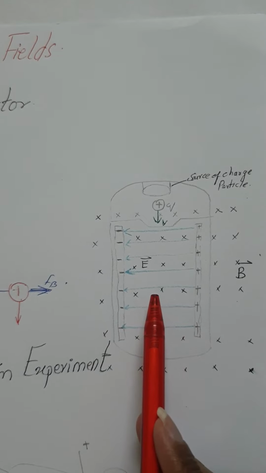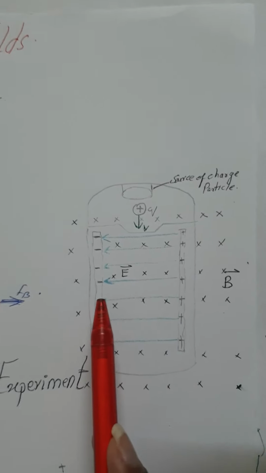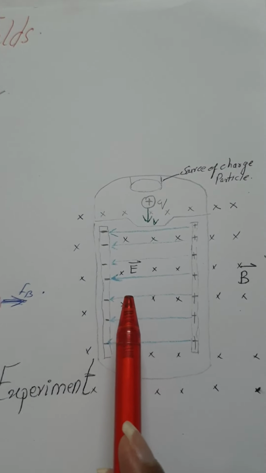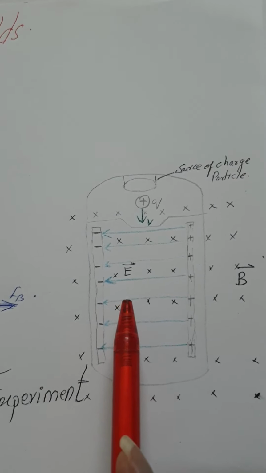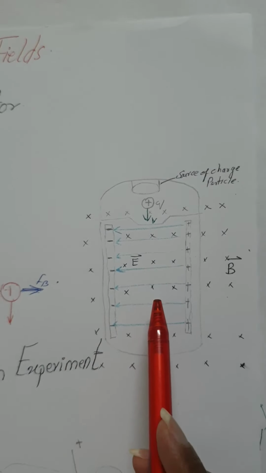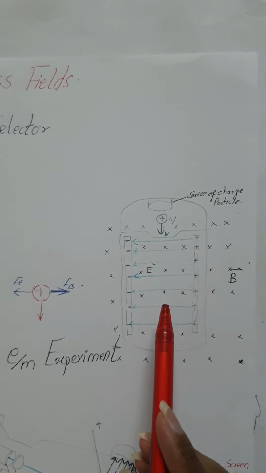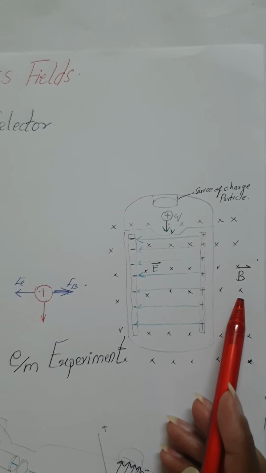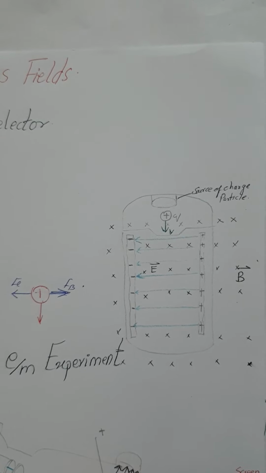If the charge is positive, the electric force is to the left with magnitude qE, and the magnetic force is to the right, and the magnitude of the force would be qvB.